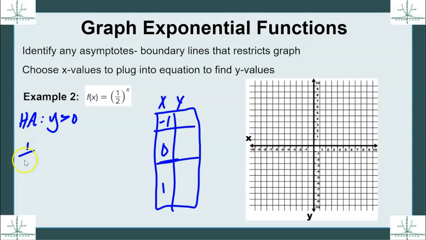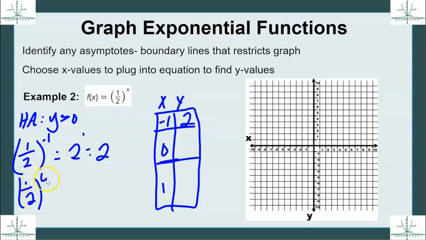So if I have 1/2 raised to the negative first power, that means I have to take the reciprocal of the base. The base is half. The reciprocal of half is 2. Raise that to the first power, which will give us 2. 1/2 to the 0 power is 1. And then 1/2 to the first power is itself, so that's 1/2.